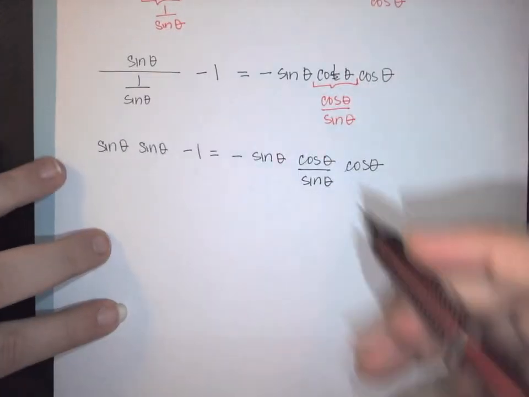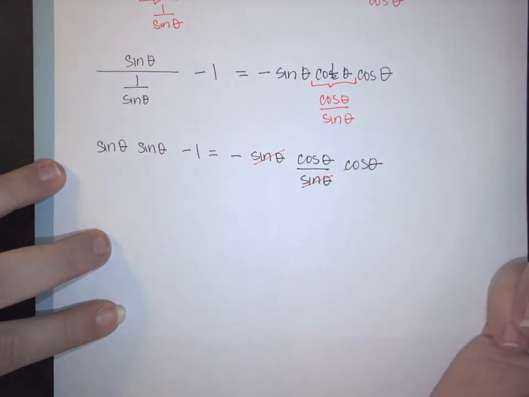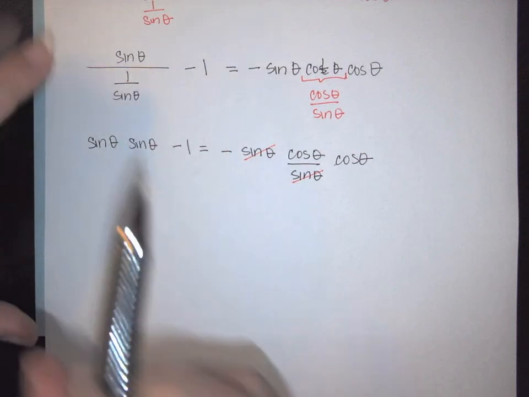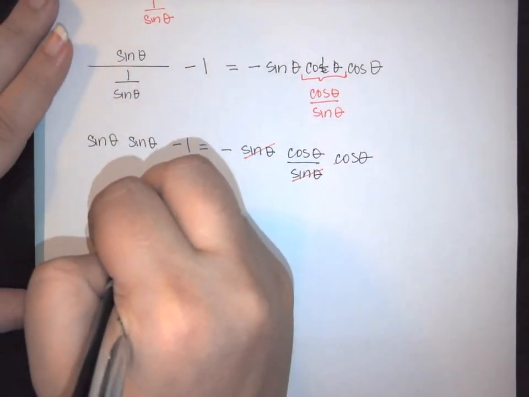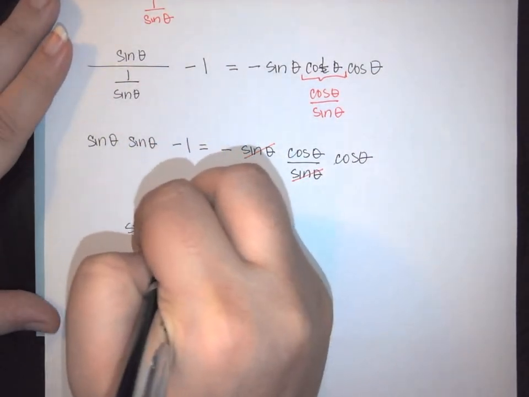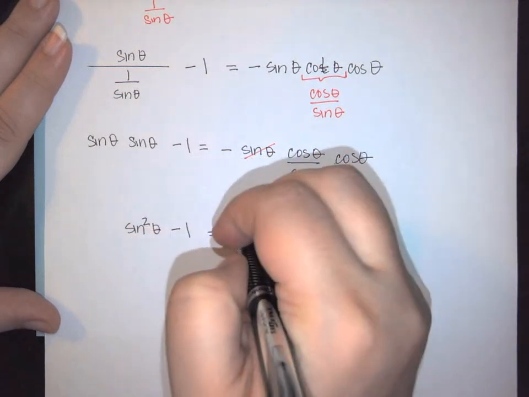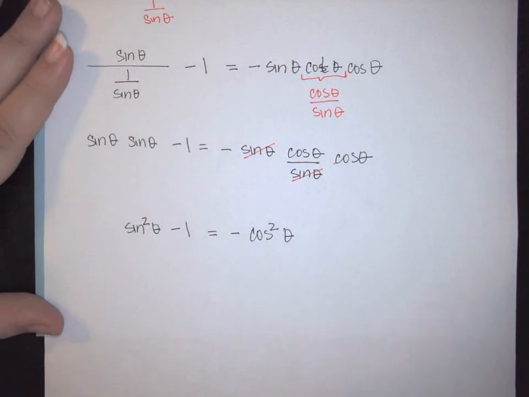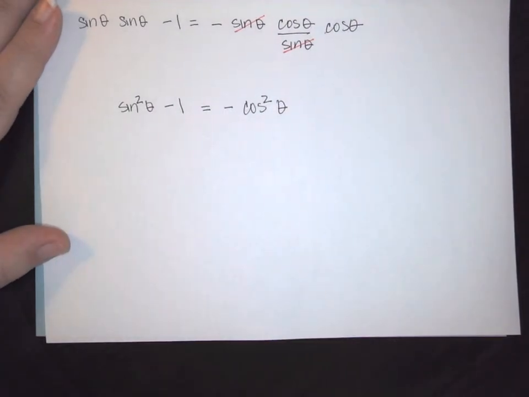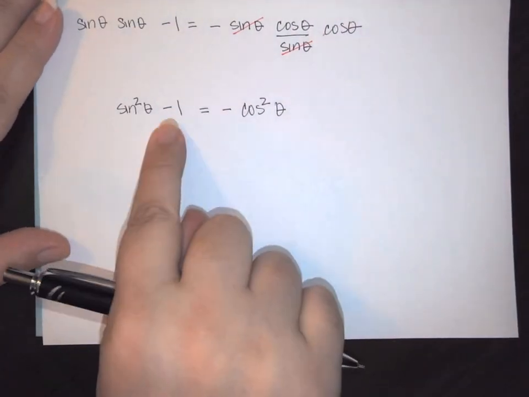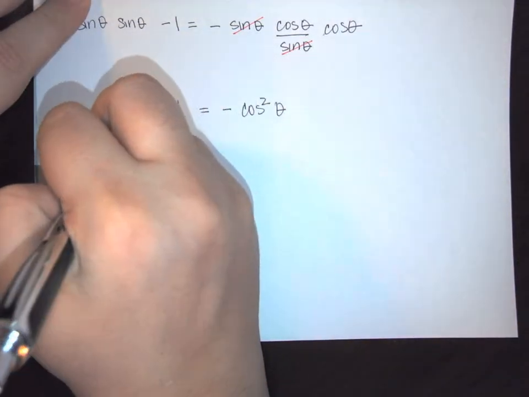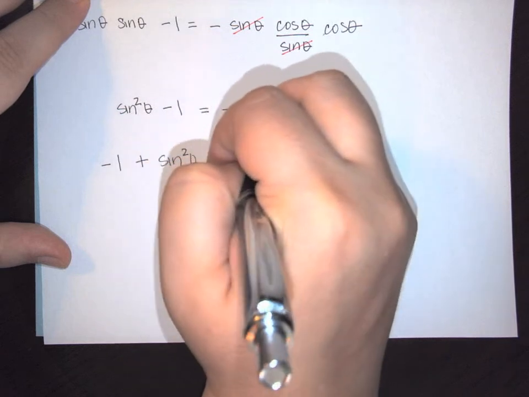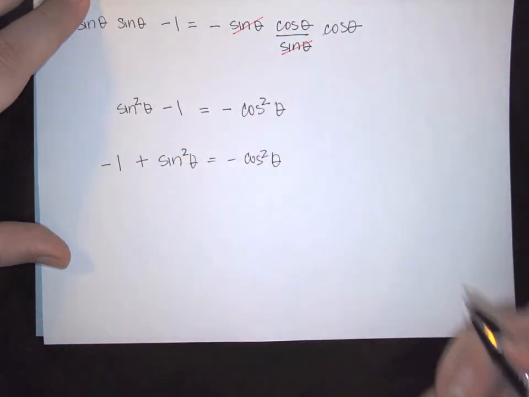On this left hand side I have sine over sine, and so those will go away. And on this right hand side I've got two of them, so this ends up being sine squared of theta minus 1 is equal to negative cosine squared of theta. Well, the first thing that I would do is go ahead and rewrite my other side. So this is negative 1 plus the sine squared of theta equals negative cosine squared of theta.